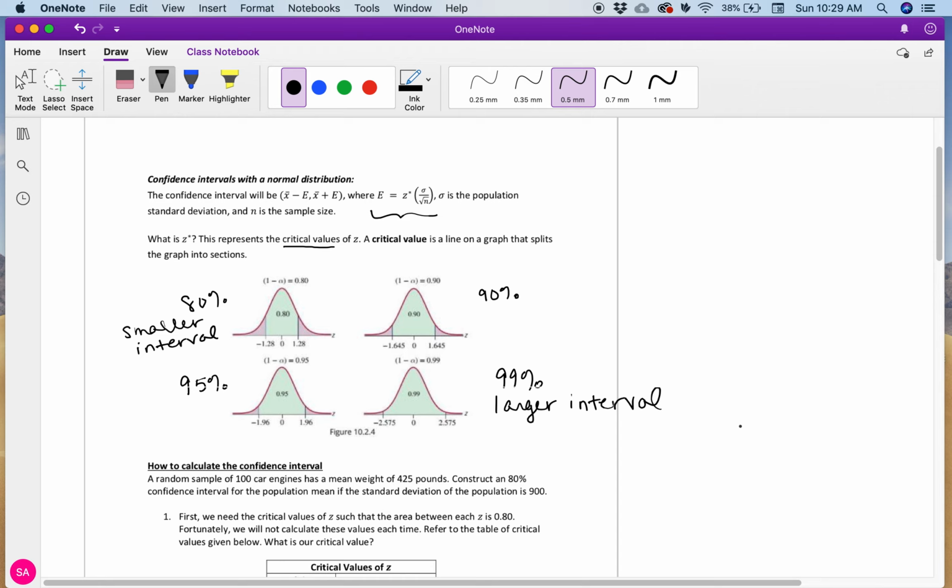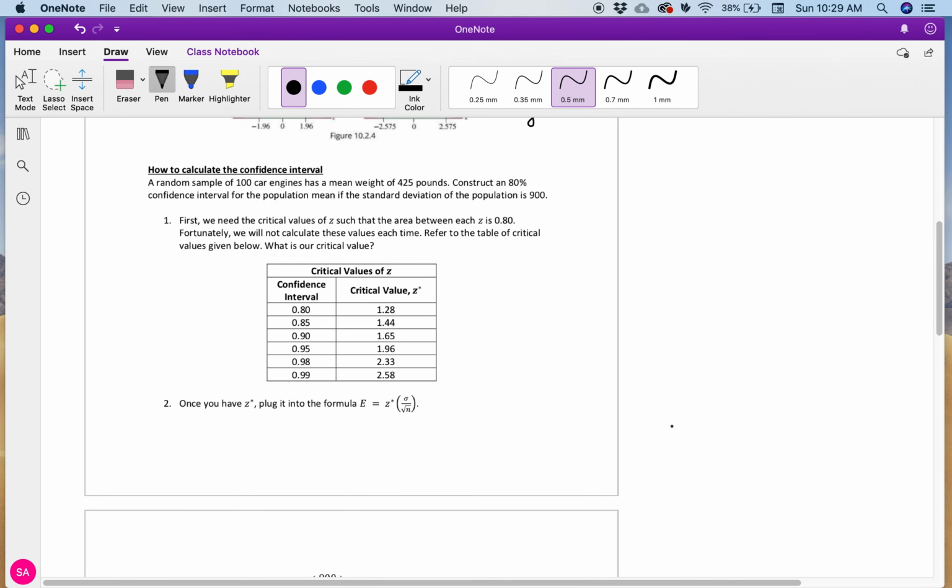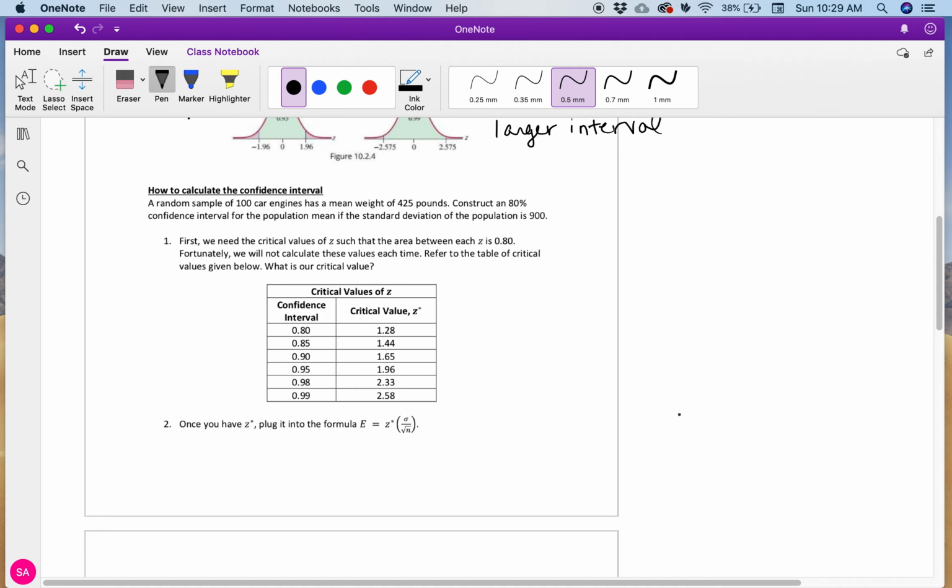Okay, now let's actually construct a confidence interval for one specific sample. So this first example, I just have it all typed out, and we're just going to talk through it, and then we will work through one together. So we have a random sample of 100 car engines.